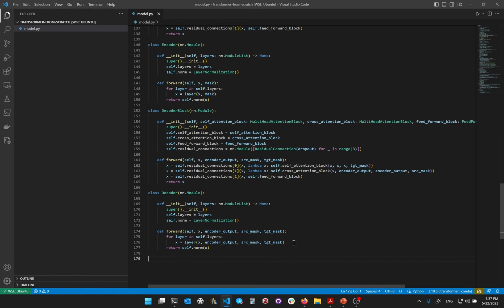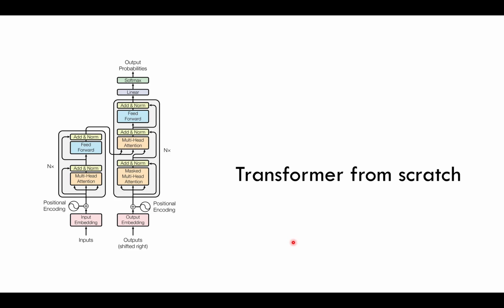There is one last ingredient we need to have a full transformer, so let's have a look at it. The last ingredient we need is this layer here, the linear layer. As you remember from my slides, the output of the multi-head attention is something that is sequence by D model.